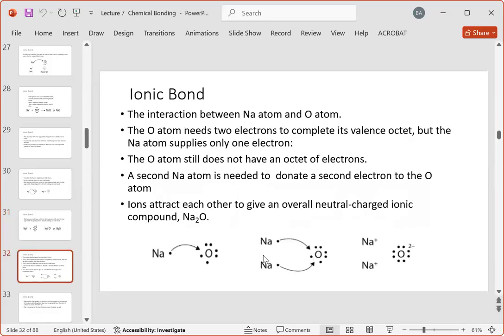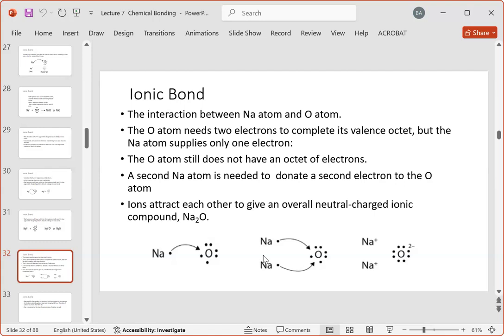So the interaction between sodium atom and oxygen atom. Now let's see the ionic bond between sodium atom and oxygen atom. The oxygen atom needs two electrons to complete its valence octet, but the sodium atom supplies only one electron.